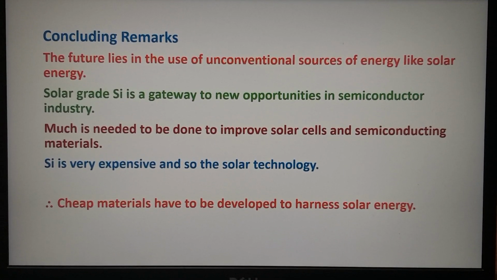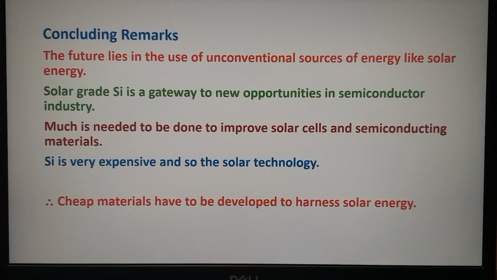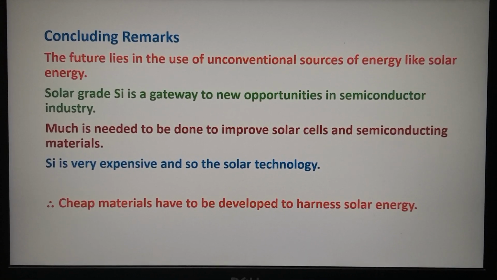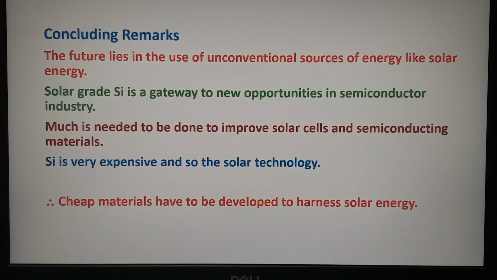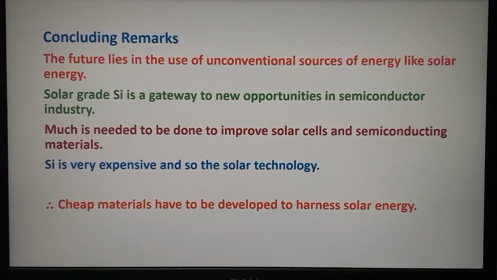Now, what do we conclude from this? The important thing is that the future lies in the use of unconventional sources of energy like solar energy. It is the gateway to new opportunities in the semiconductor industry.